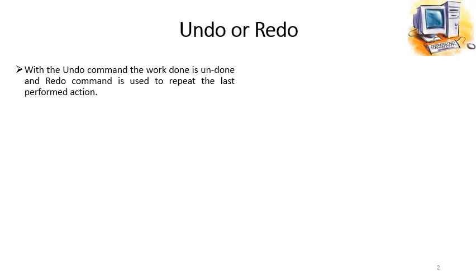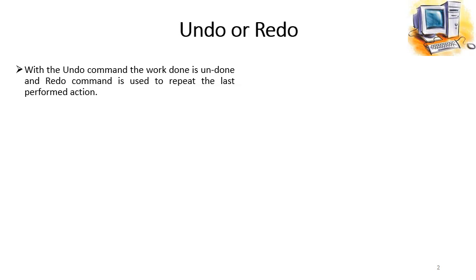First of all, the undo and redo command. With the undo command, the work done is undone, and the redo command is used to repeat the last performed action. Students, whenever we are typing or working in a Word document, while performing different operations during documentation, we make some mistakes.